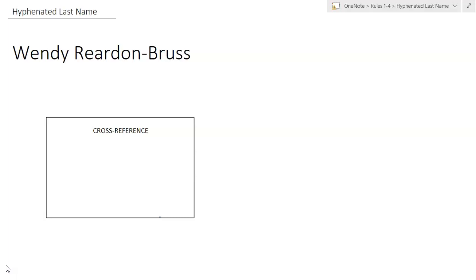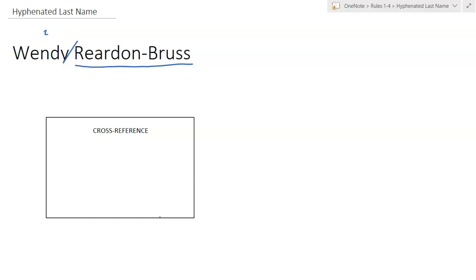If our original filing segment was Wendy Reardon-Bruss, I would separate the first and last name. There's no space between the dash here. So Reardon Bruss is my original key unit, and Wendy is unit 2.